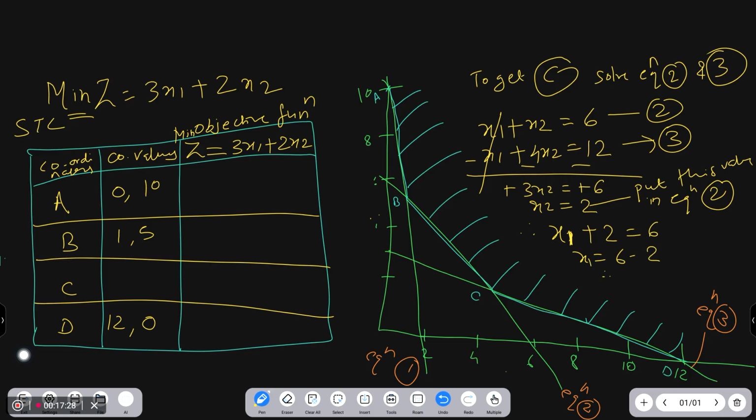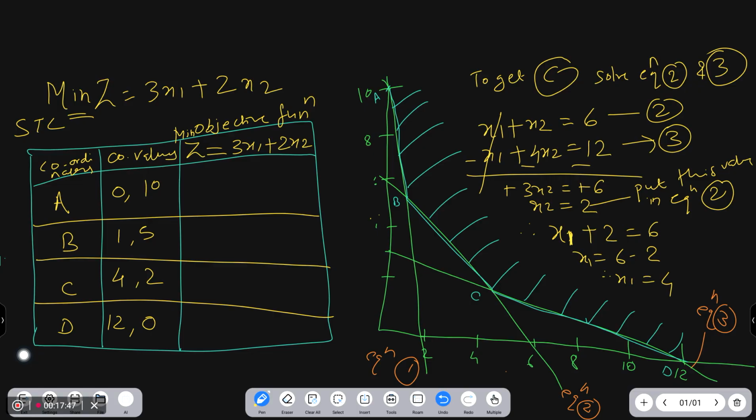So therefore x1 is equal to 4. Now I have to write the coordinates. x1 is 4, and x2 is 2. These are the coordinates for our region.